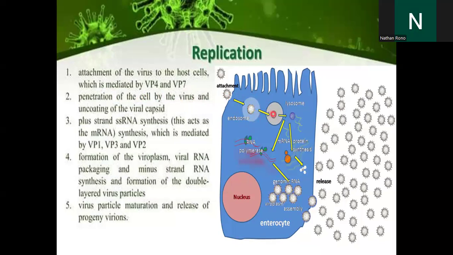Then when it enters, plus strand single-stranded RNA synthesis. This acts as the mRNA synthesis, which is mediated by VP1, 3, and VP2. So what happens is it is transported inside the cell. Remember, the cell has so many organelles: endosomes, lysosomes, the nucleus, mitochondria.